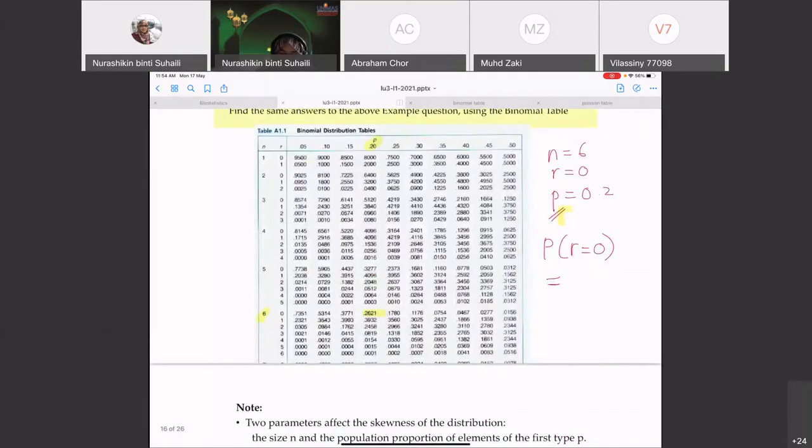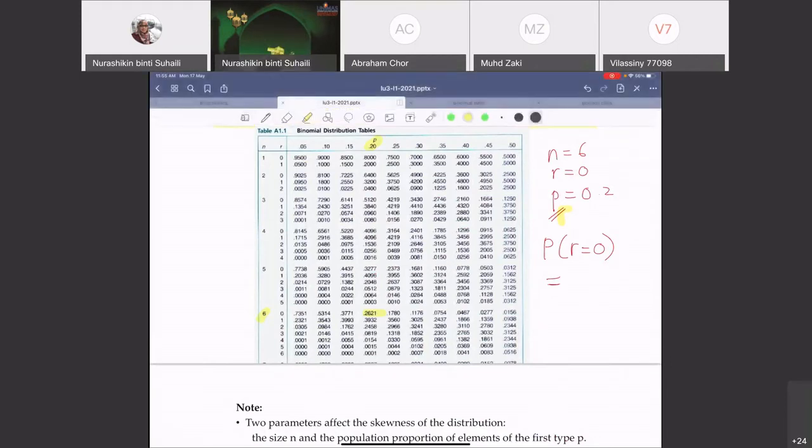It's quite straightforward, but just now I wanted to introduce you to the formula. So this is another way you can solve the binomial probability, the binomial distribution. And the same thing for the rest. If you use R equal to 1, it is 0.3932.